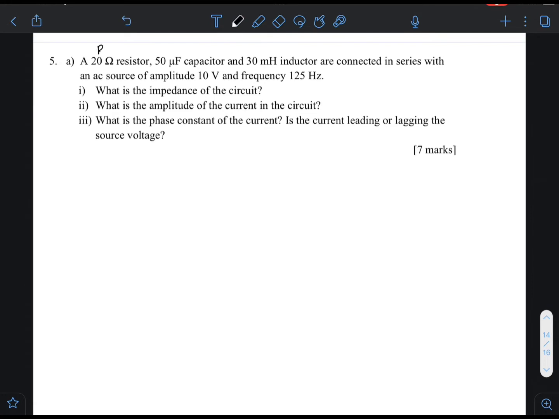So what we have in the question is the resistance, the capacitance and also the inductance of the resistor, capacitor and also inductor, which has been connected in series with an AC source. So in our circuit we have resistor, capacitor and inductor, okay, connected across an AC source.